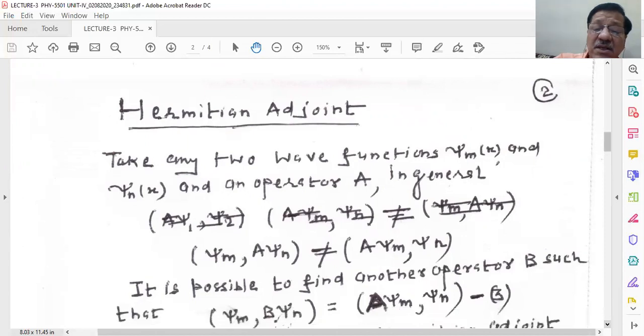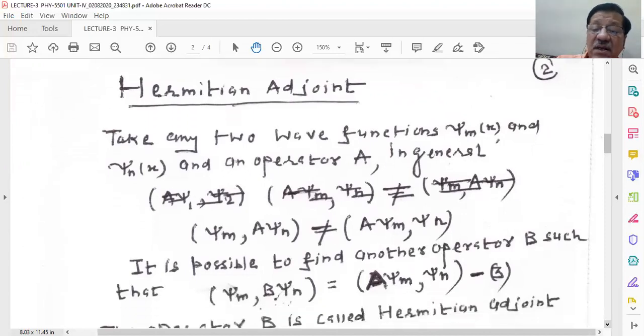But it is possible to find another operator B, such that, suppose this equation is not satisfied, you may have some operator B in quantum mechanics, let's say ⟨ψ_m, B ψ_n⟩.